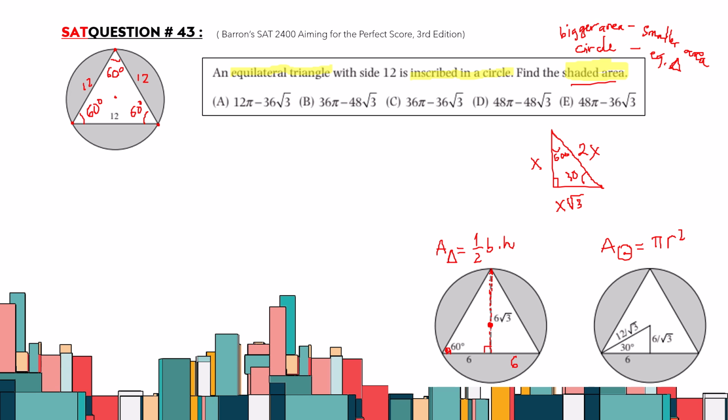We have the area of the triangle is 1/2. The base is 12. So this is the base of the equilateral triangle, and it is 12. Then we multiply by the height that we just found.